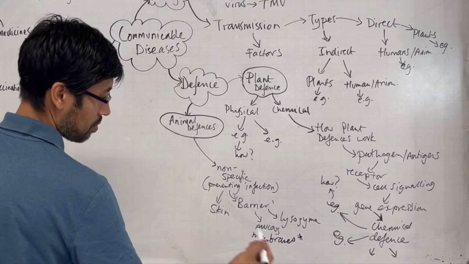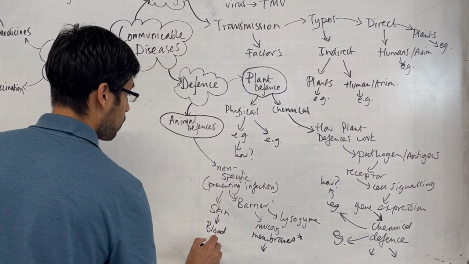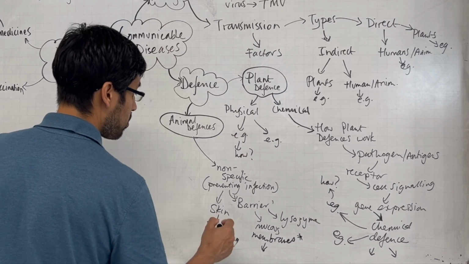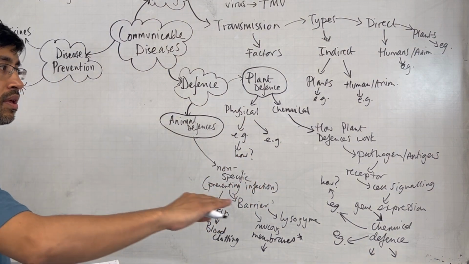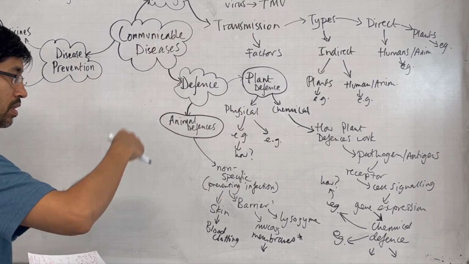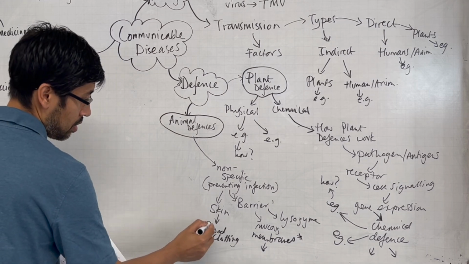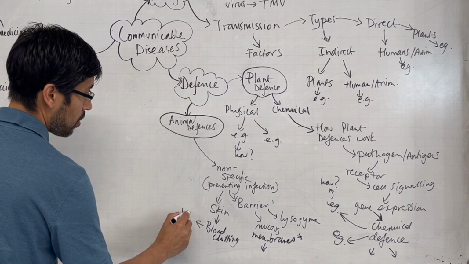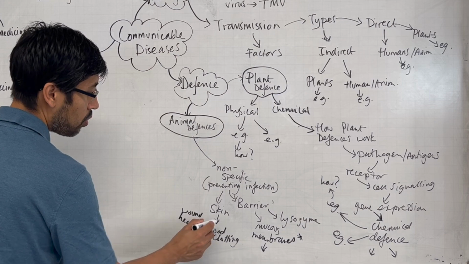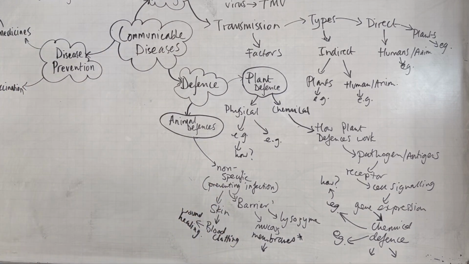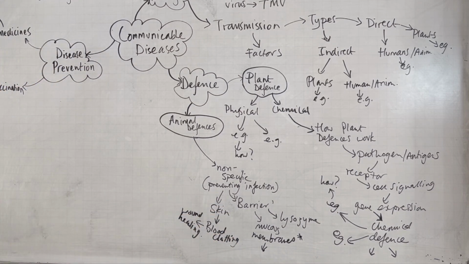So the skin is a barrier itself, but I also put in here blood clotting, simply because the process of blood clotting kind of seals the skin, preventing the pathogens from getting in, that temporary seal, but then it also allows the wound healing to occur. So any break in the skin can be sealed. So not only does blood clotting prevent entry of pathogens into blood vessels, it also allows the wound healing process to occur, sealing the skin.